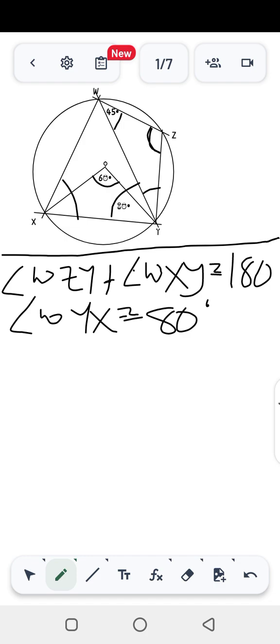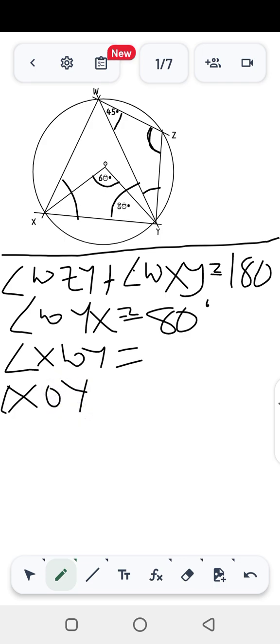So we have to find angle XWY. How do you find angle XWY? It is found from angle XOY, which is 60 degrees.